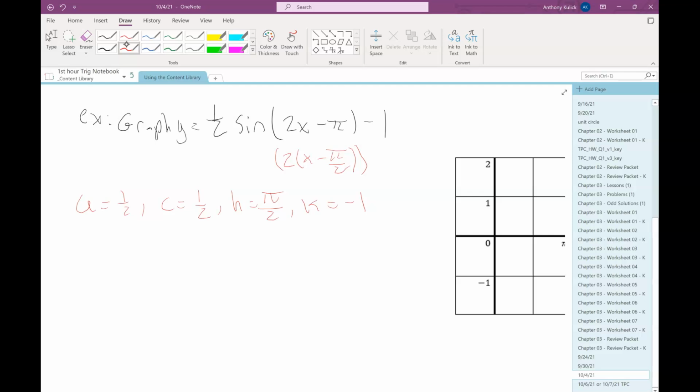Is that okay? Okay. And fair question. Wait, why is the C 1/2? Remember that 2 is going to be 1 over C, right? So the C is always the reciprocal of whatever that coefficient is.